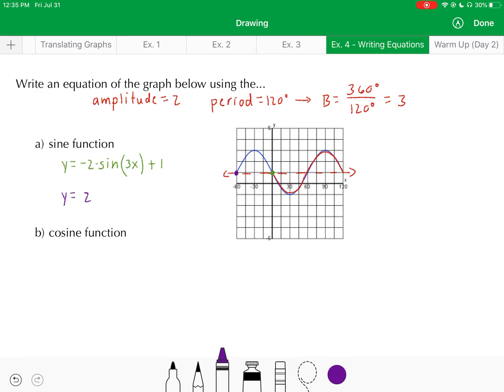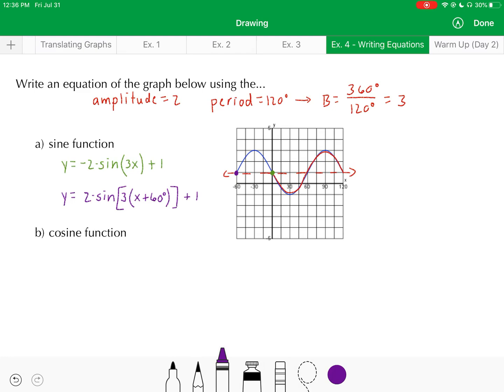That's because from the purple point, as you move to the right on the curve, you'd be heading upward first. You're going to multiply that by sine of, and here's where you'd have to account for the horizontal shift. You got to take your b value of 3 and multiply that by the quantity of x plus 60 degrees. Okay? That gives you the shift 60 degrees to the left. And then add on 1 at the end for the vertical shift 1 unit up.